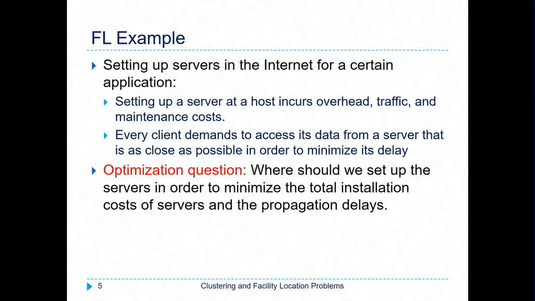So let me give you a more concrete example of facility location problems. Suppose that you want to set up servers in a network for some application. Setting up a server at a host incurs some overhead, traffic, and maintenance cost, and there are some clients that you want to serve.